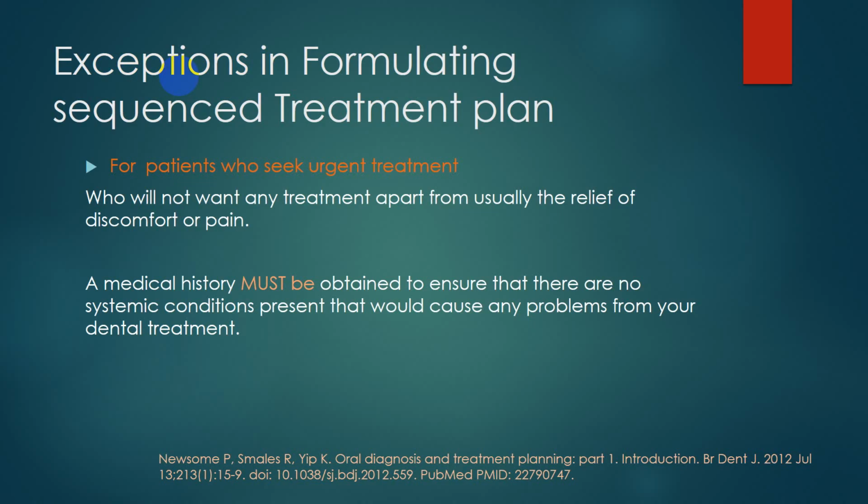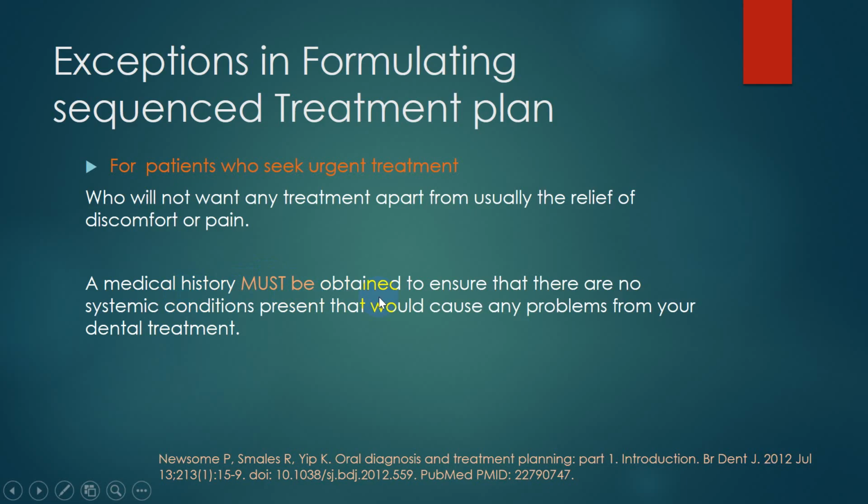So in this case, you cannot even have the time to prepare this sequential treatment plan. You can obtain the history, you can collect the data, especially the medical history. Please don't forget the medical history, even if the patient is having only one single urgent chief complaint. So the medical history must be obtained.